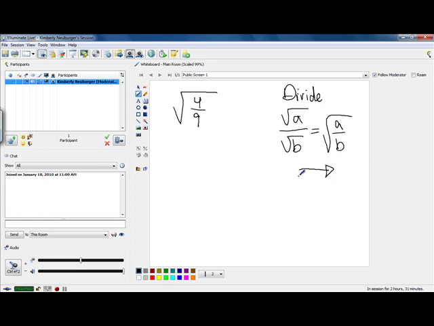You go this direction if a over b can be reduced, because that'll make your problem much easier. You use your rule going the other direction if a over b cannot be reduced. The reason why is because you don't want to leave a fraction underneath a radical.